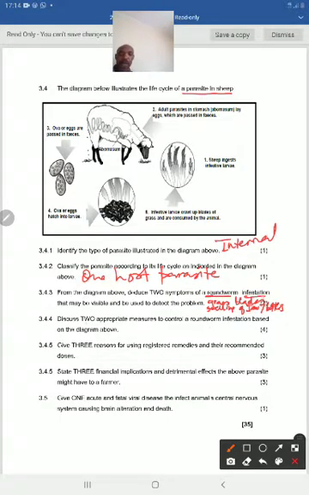Discuss 2 appropriate measures to control a roundworm infestation based on the diagram. Burn the grass. Burn the grass or veld. Also, you can rest the veld, so that while you are resting the veld, these animals will die.